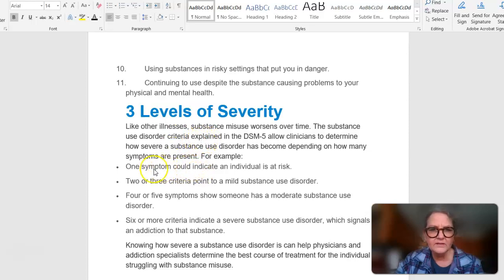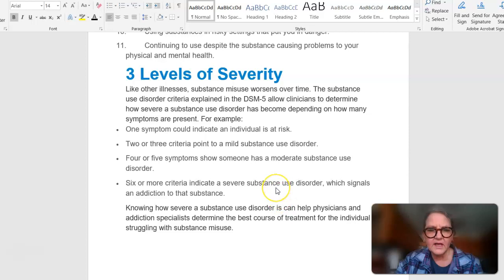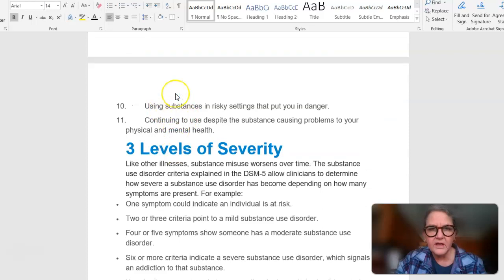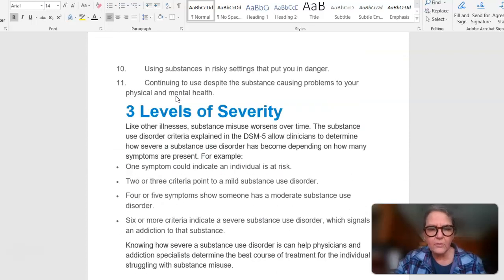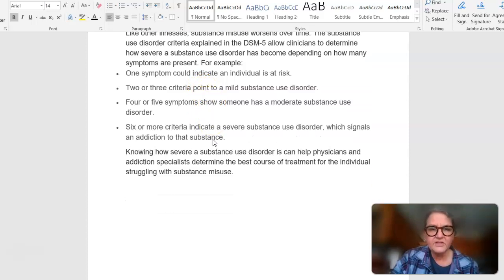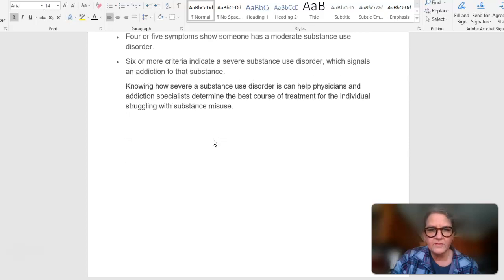For example, 1 symptom may be at risk, 2 to 3 is mild, 4 to 5 moderate, and 6 or more is severe. So we would diagnose somebody with a substance use disorder, mild, moderate, or severe, based on the number of 1 through 11 that we selected for that client. Knowing how severe substance use disorder is can help physicians determine the best course of treatment for that person.